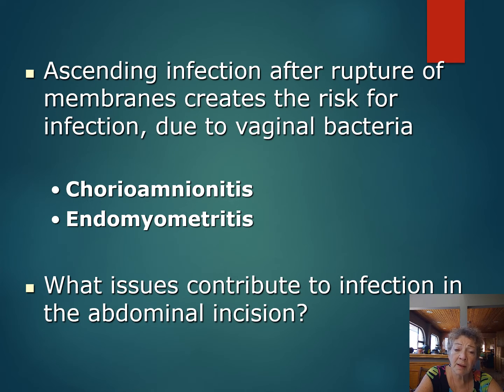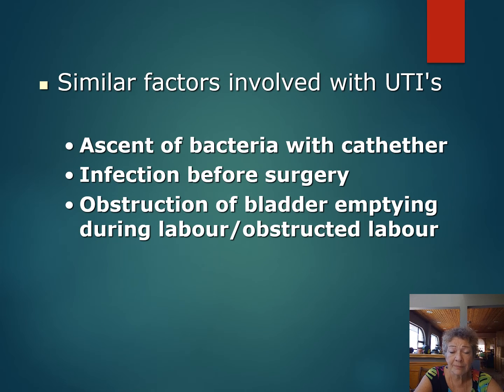But let's look a bit closer at some of the issues that can contribute to the infection rate and infection itself in the abdominal incision. Well, you have to look really at the fact that the factors are really similar to those involved in urinary tract infections.